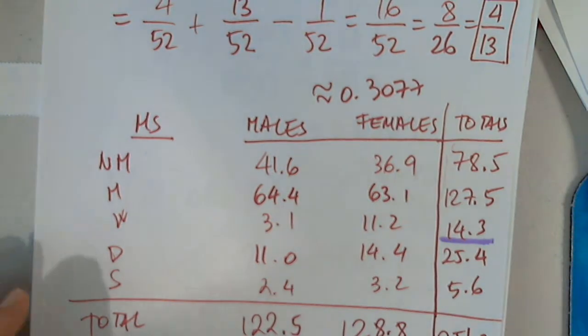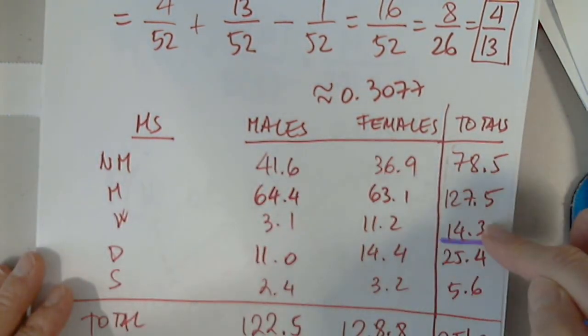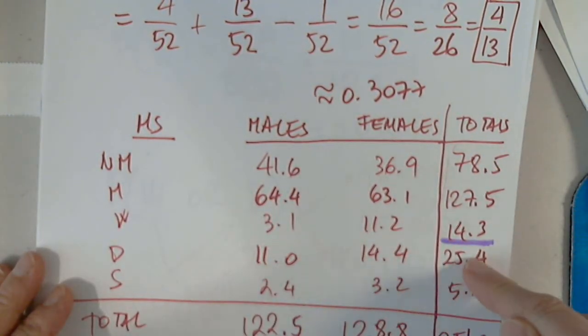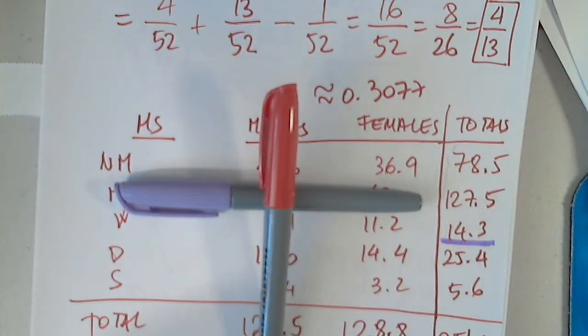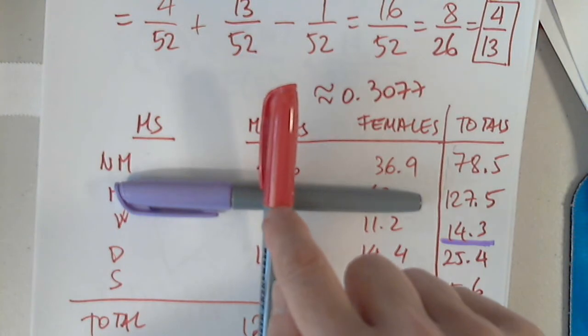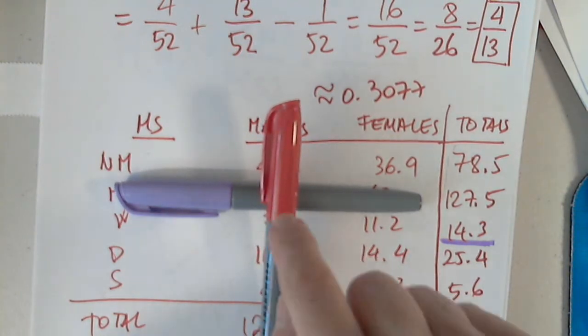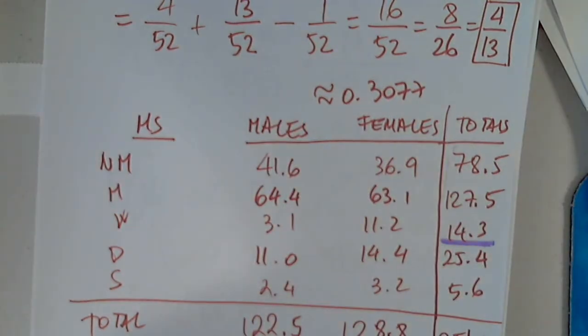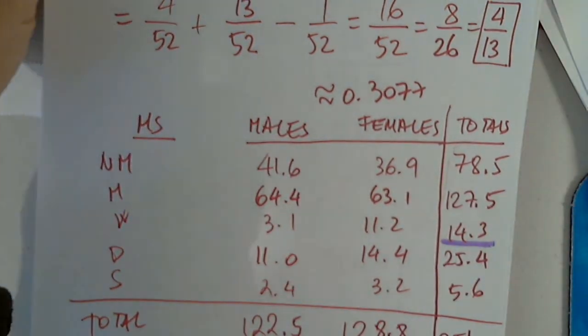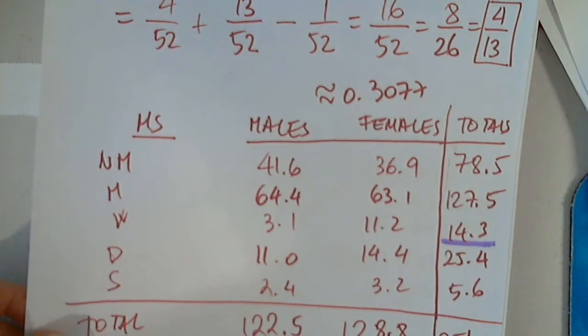In this particular study, this is what we have for widowed, and this is what we have for divorced. We do not have an intersection where we have people that are widowed and divorced. They exist, but we don't have it in the study. So are these two events disjoint or not disjoint?